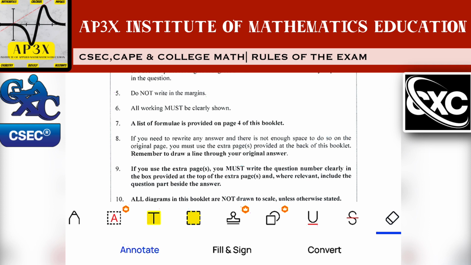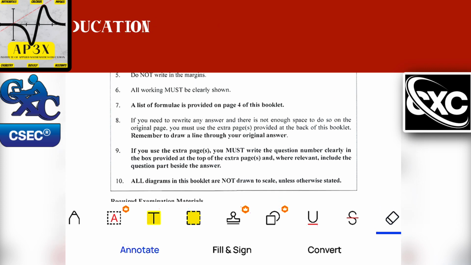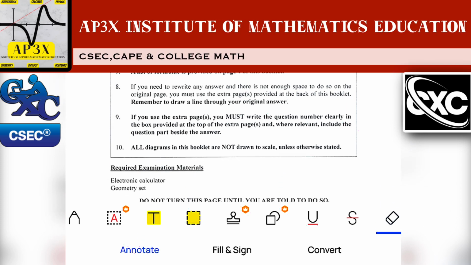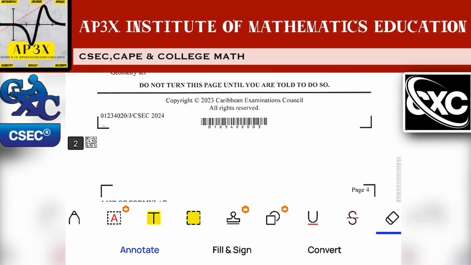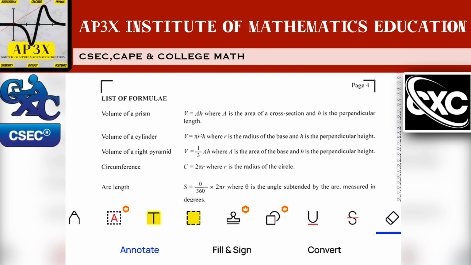If you need to rewrite any answers and there is not enough space, you can do so on the original page. It just runs you through the basic rules for an examination, so we're not going to go through all of that. Of course, you're allowed to use a calculator, and you need to have your geometry set.